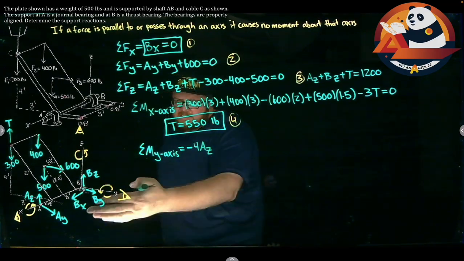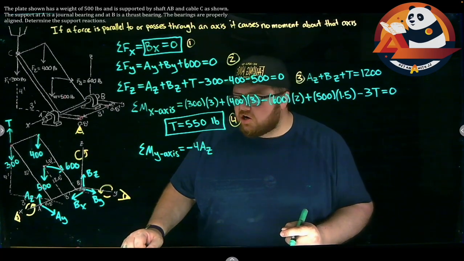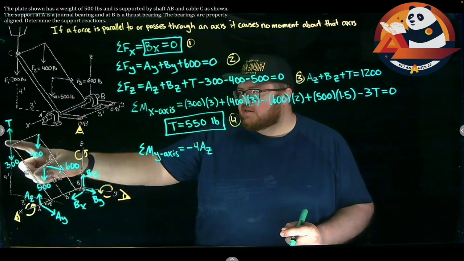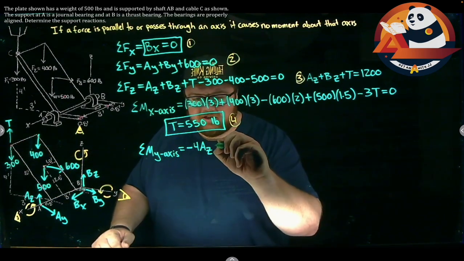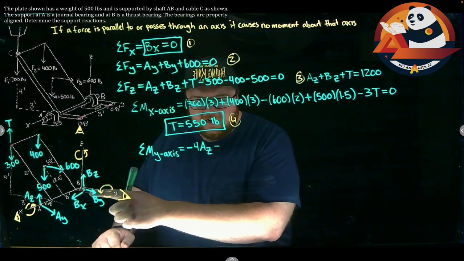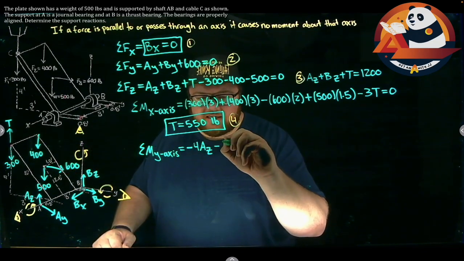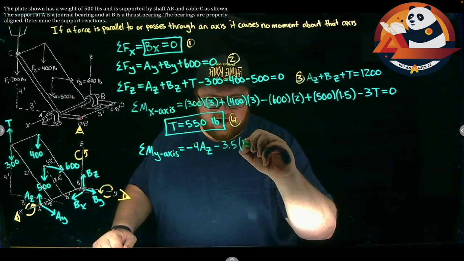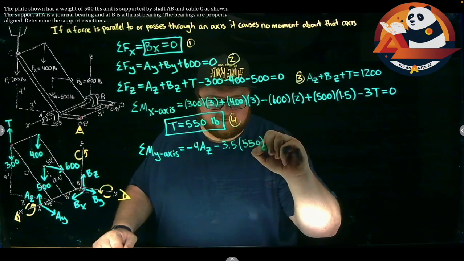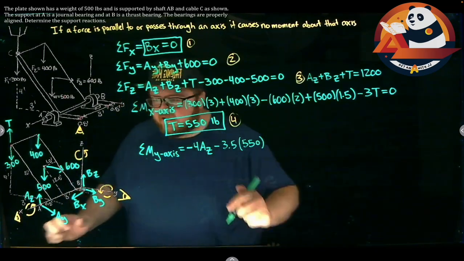Then we can go to B. We already said B doesn't cause any moment here because they all intercept. So let's go to our tension. That tension would also cause a negative moment on here. So minus, our distance would be 0.5 plus 3 gets us to where T is located. So minus 3.5 distance times tension, 550. And then we can come in and say, what about our next ones?